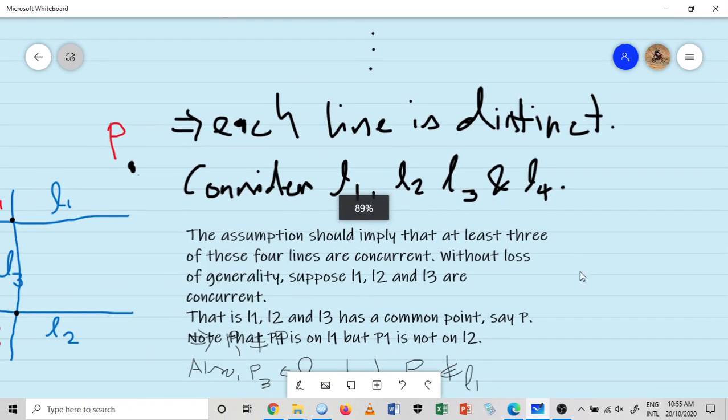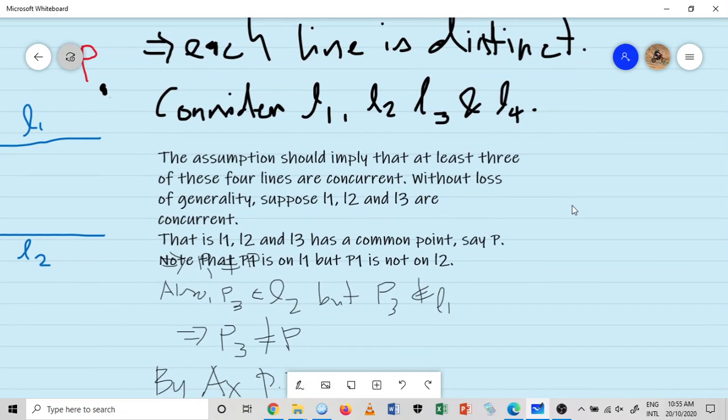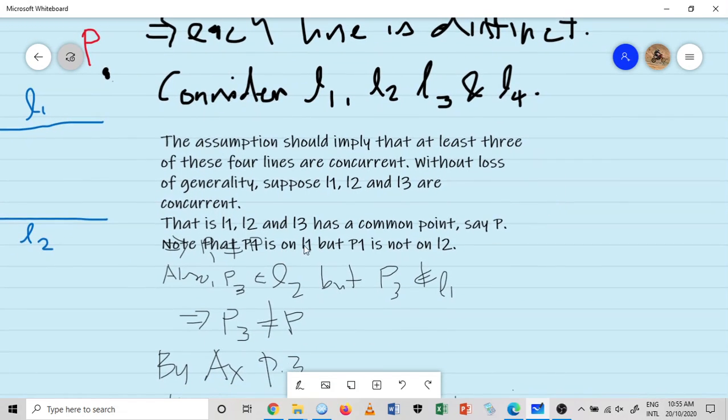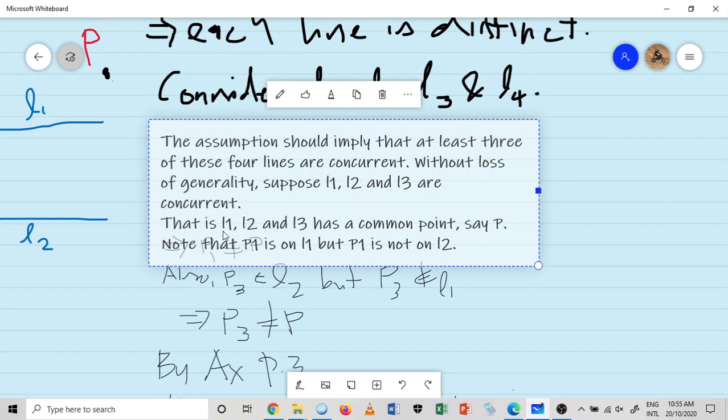Also, there is a grammatical error here. Lines L1, L2, and L3 have, not has, a common point.